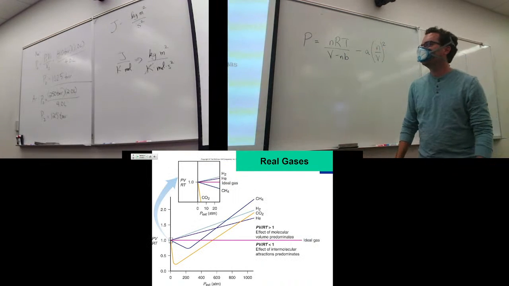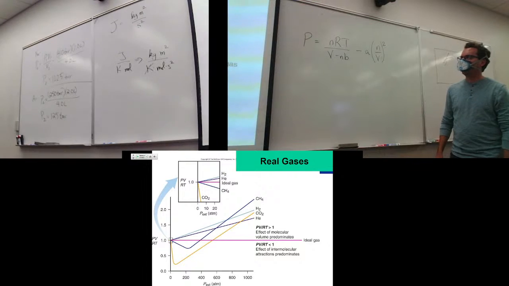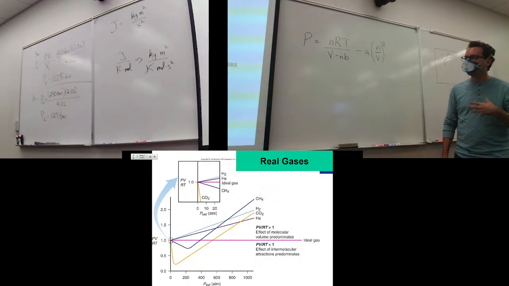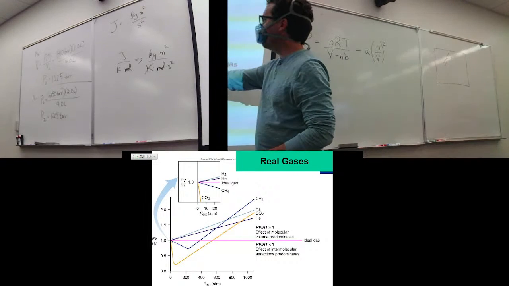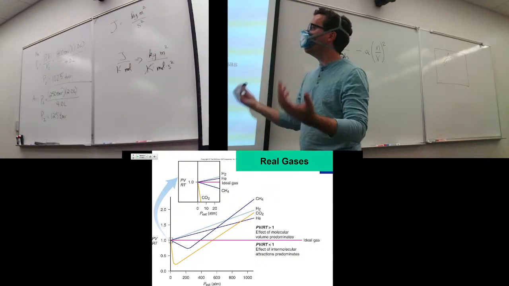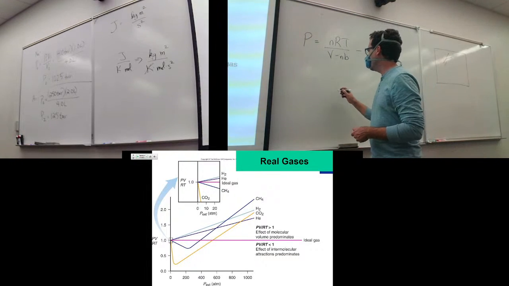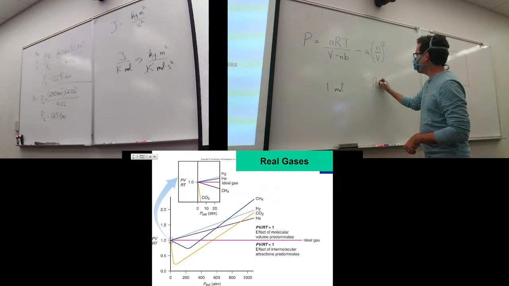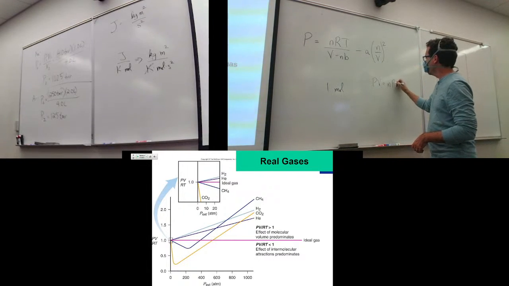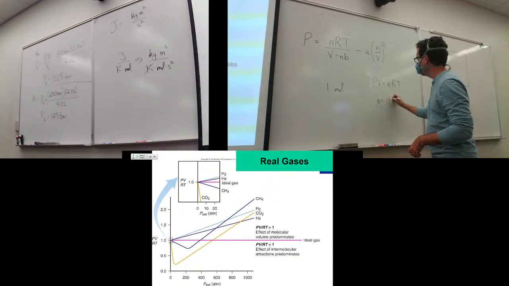Here's another graph that shows you what happens between real gases and ideal gases. So what we're doing here is, if I have 1 mole of a gas, and I rearrange PV equals nRT to solve for n.